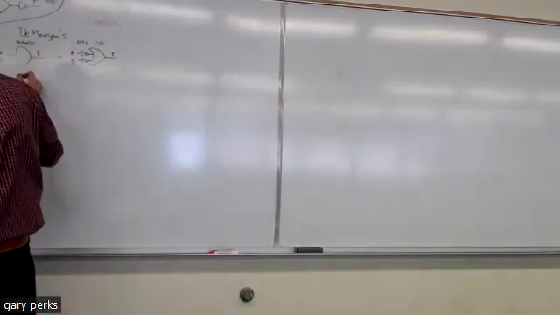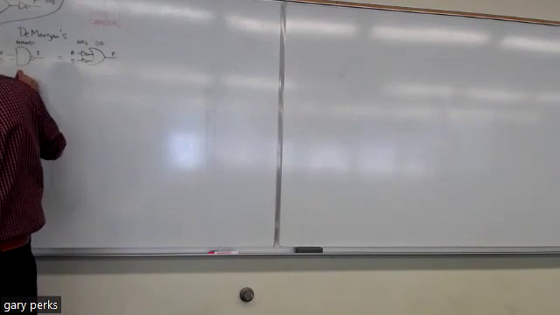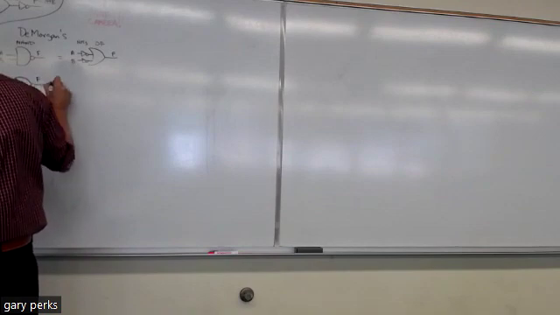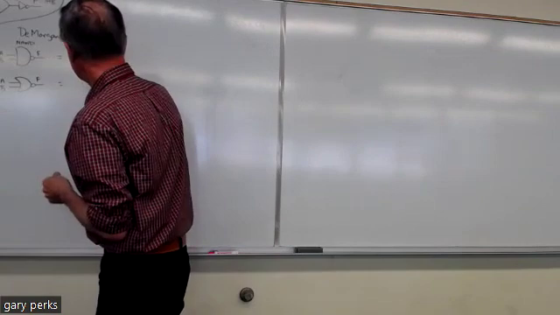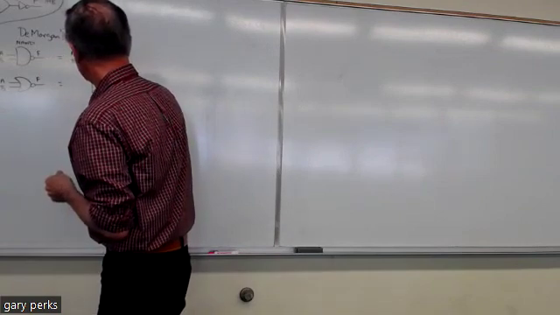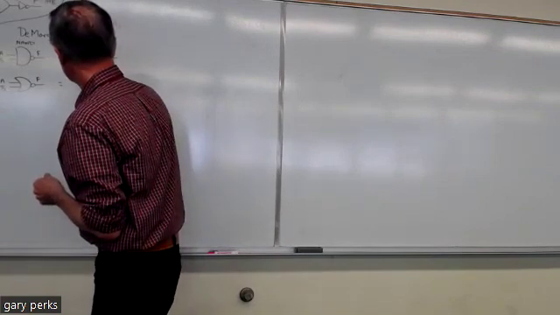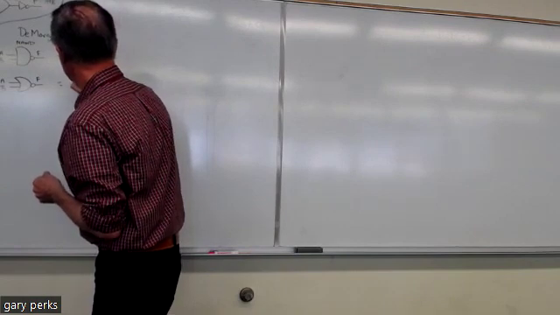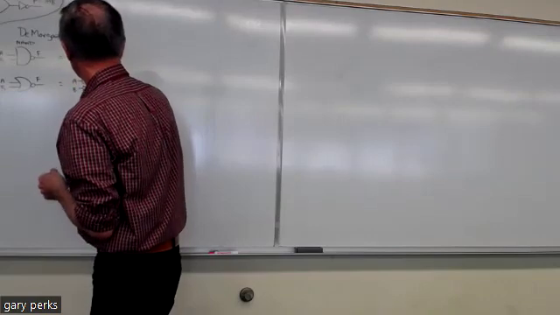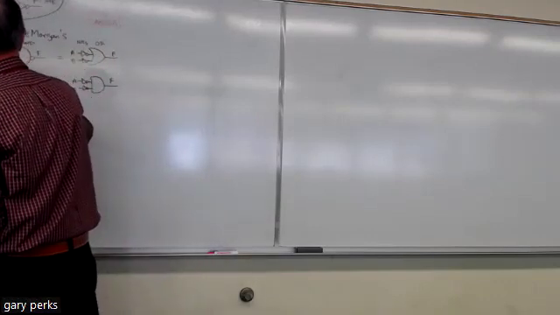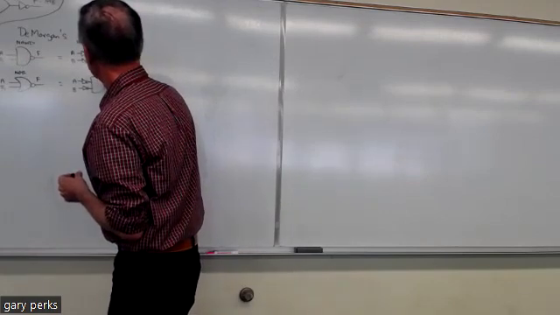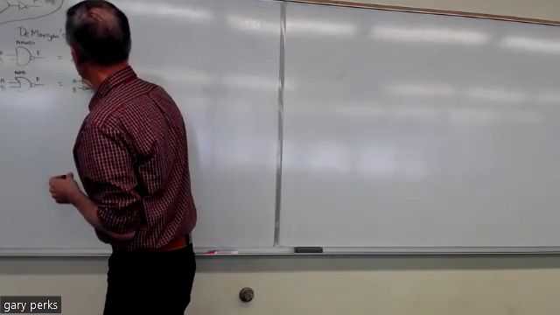The second part tells us that a NOR is the same as an AND with inverted input. So this is a NOR and equal to an AND with inverted inputs.